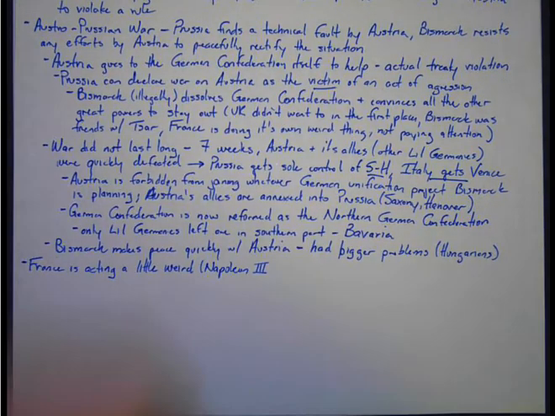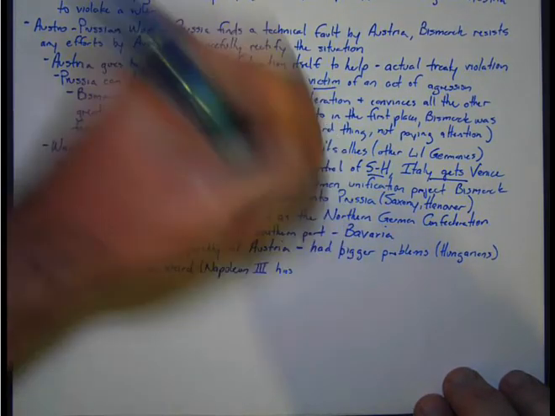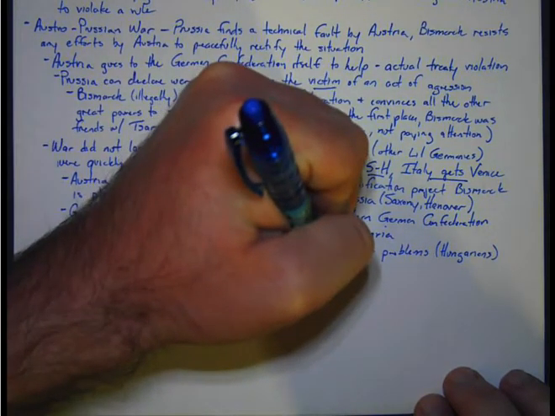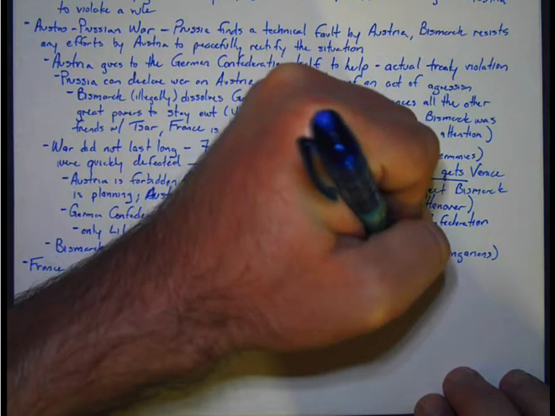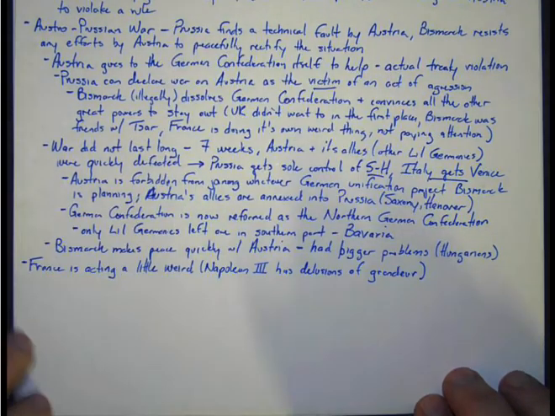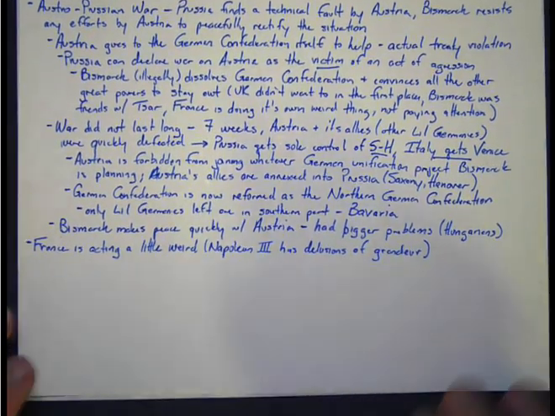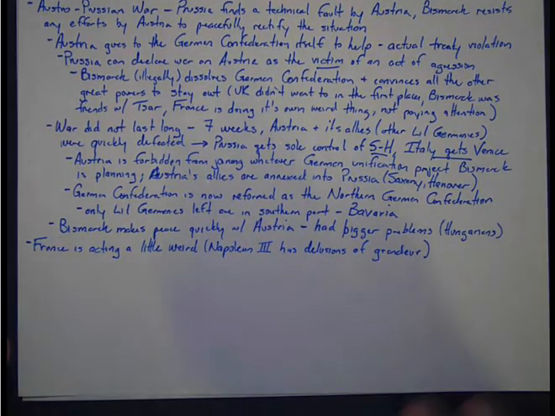And Napoleon III has, I guess we would call them, delusions of grandeur. So Napoleon III does something really dumb.